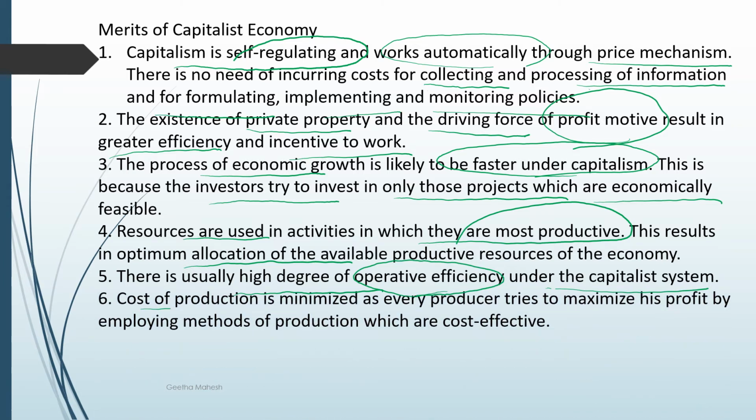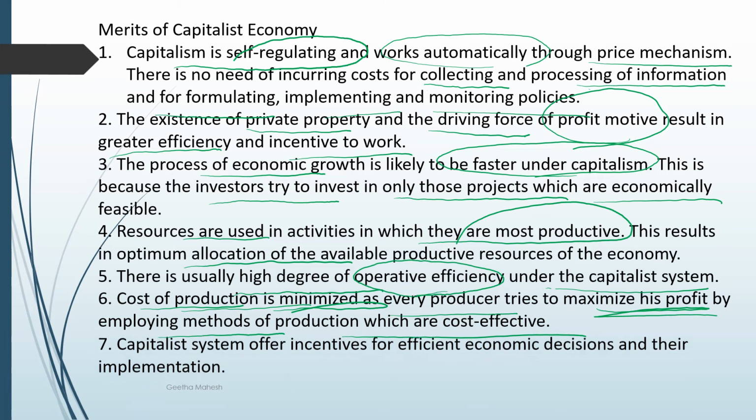Producers try to minimize the cost of production. When every producer tries to minimize cost in order to maximize profit, they employ methods of production which are cost effective. The capitalist system offers incentives for efficient economic decisions and their implementations.